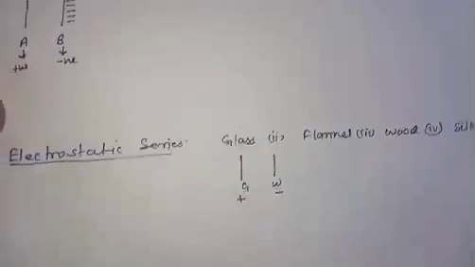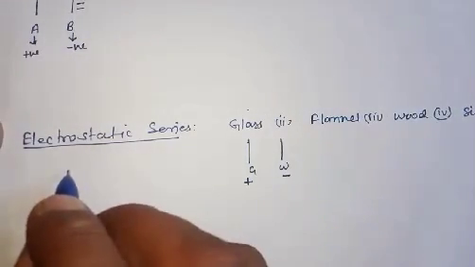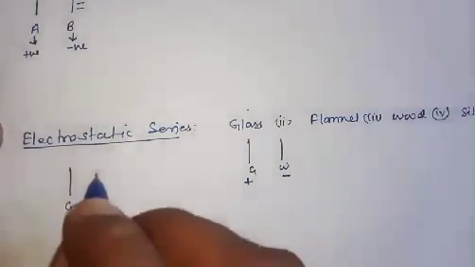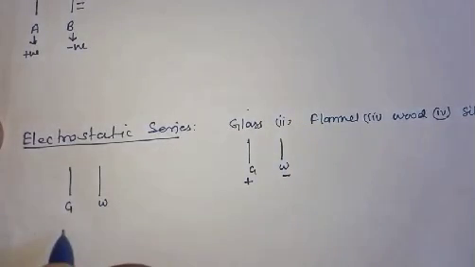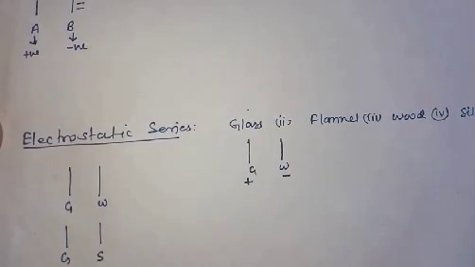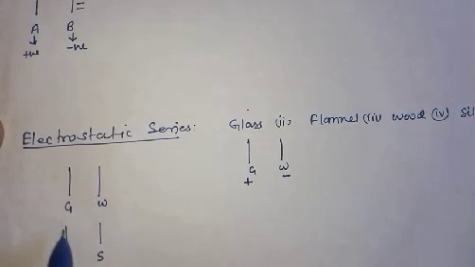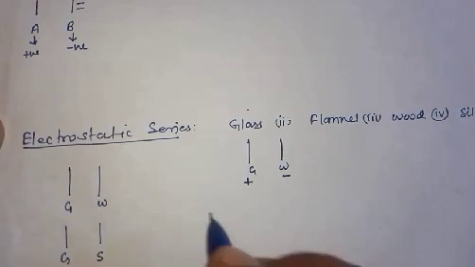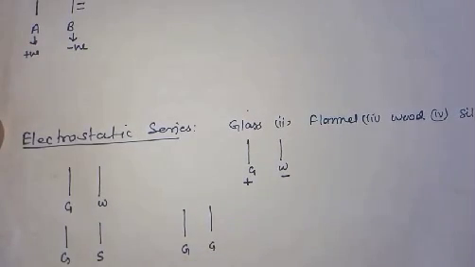Now this is a simple activity you can do. Take two glass rods, rub one with wool and rub the second glass rod with silk, right? Now bring the two glass rods close.